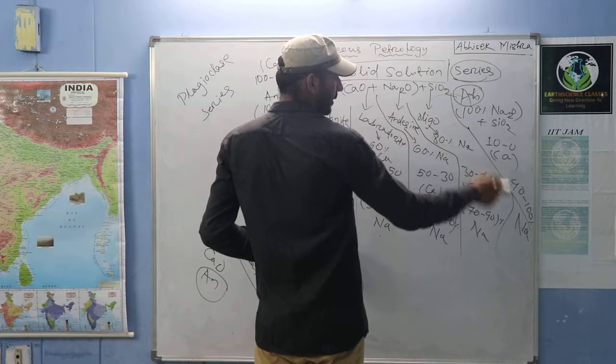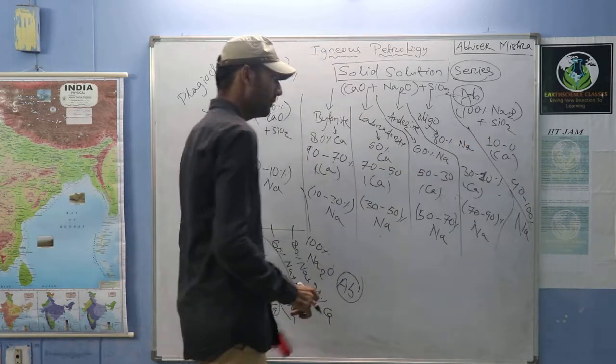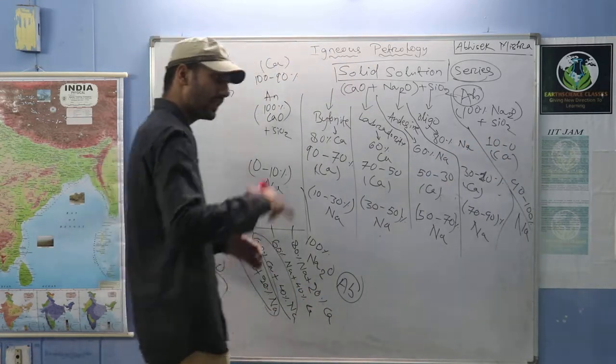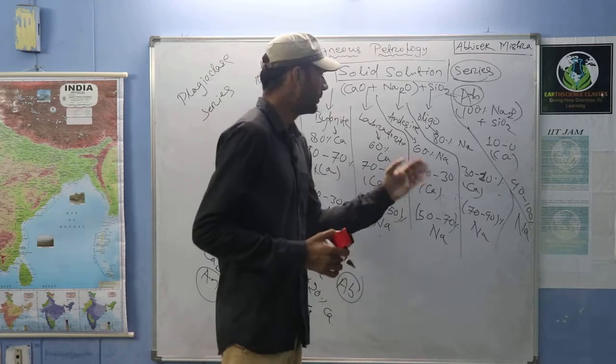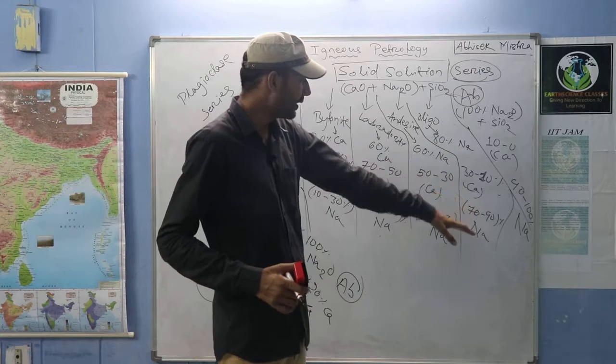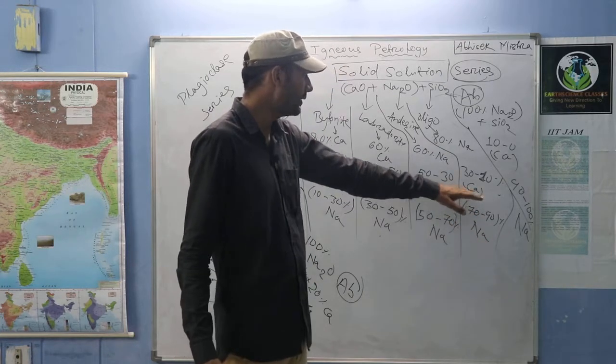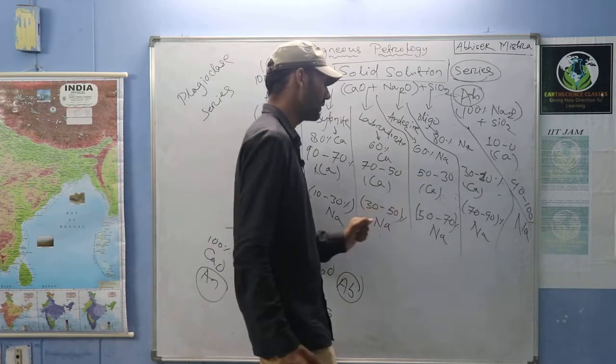Albite means your 90 to 100% sodium, 0 to 10% calcium. That means more sodic. Okay, more sodic in oligoclase also. Here 70 to 90% sodium and 30 to 10% calcium.